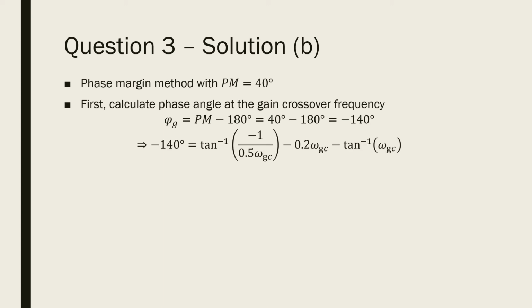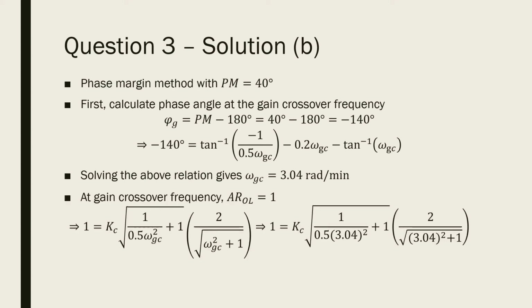Equating the phase angle expression at gain crossover frequency to minus 140 degrees gives omega gc equals 3.04 radians per minute. We also know that at gain crossover frequency, amplitude ratio equals 1, and therefore Kc is computed to be 1.34.